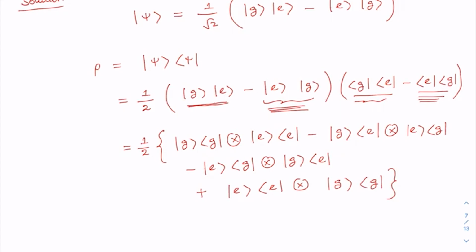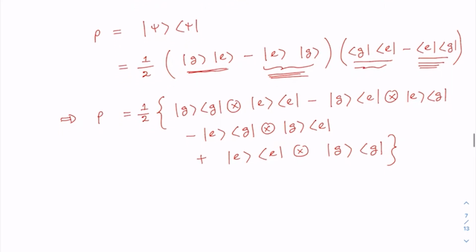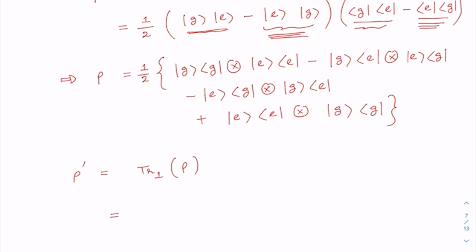That would be our density operator. Now to get the second system, we have to trace out the first system. So the density operator for the second system would be, I have to trace out system 1. That is simple, we know how to do that. So that would be here a half. If I take the trace here, as you know this is my first system, this is my second system.